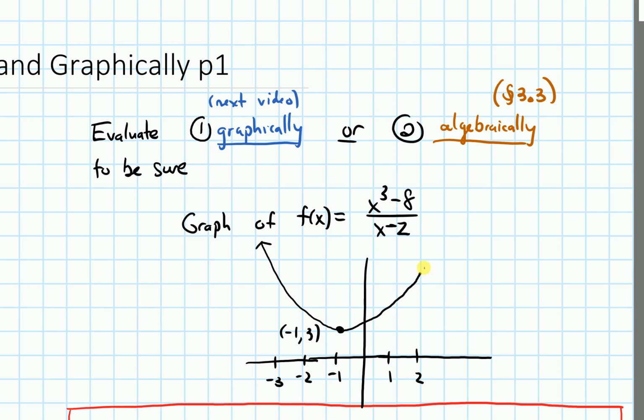The way I skip it is I put a hole, and it turns out the y value of this hole is 12, which is what the limit was. And then the graph continues beyond that. So this graph has a hole at the point (2, 12).